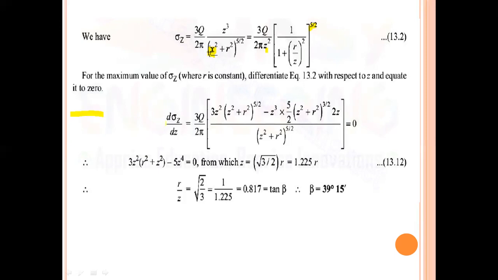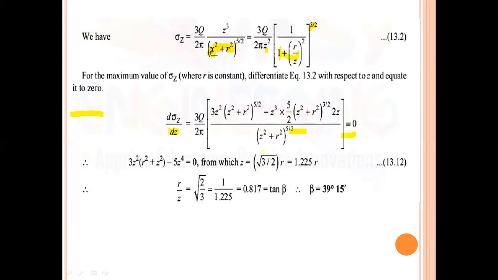Differentiate means d sigma z by dz equal to 3q by 2 pi into differentiate z cube, means 3z square into (z square plus r square) whole power 5 by 2, minus z cube into 5 by 2 into (z square plus r square) whole power 3 by 2 into 2z, divided by (z square plus r square) whole power 5 by 2, equal to 0. It is the differentiated equation.